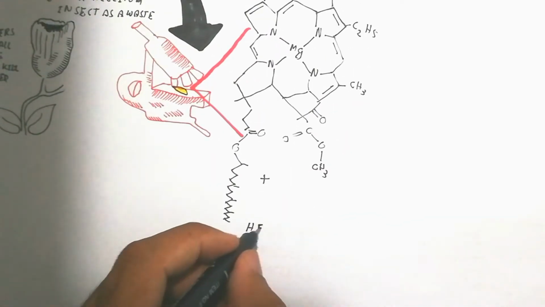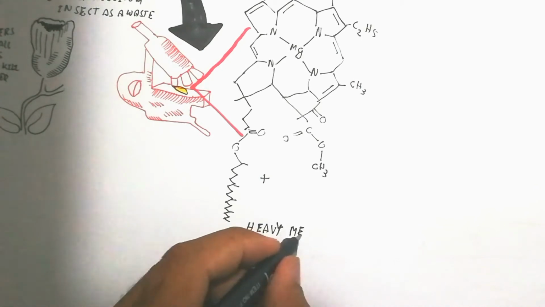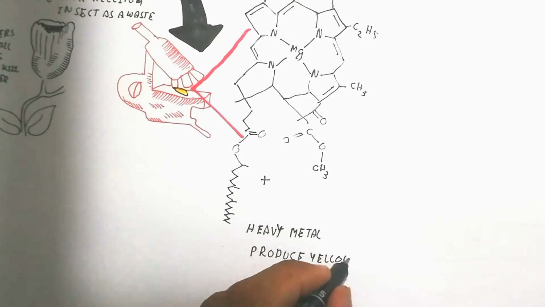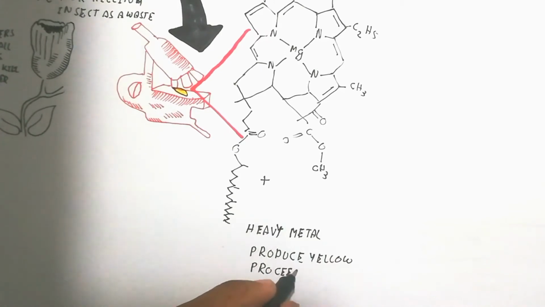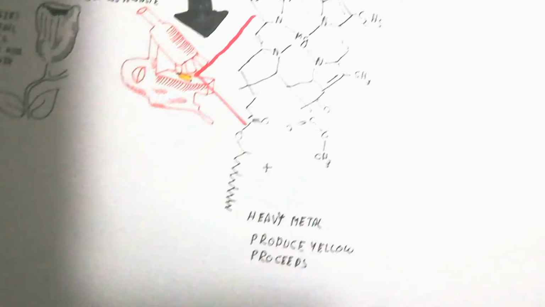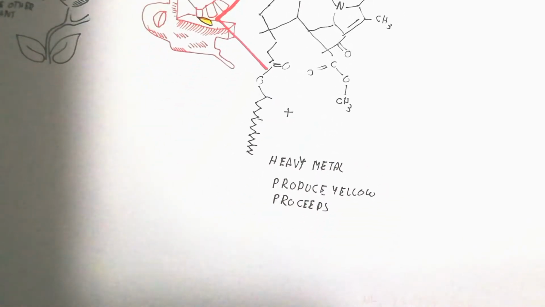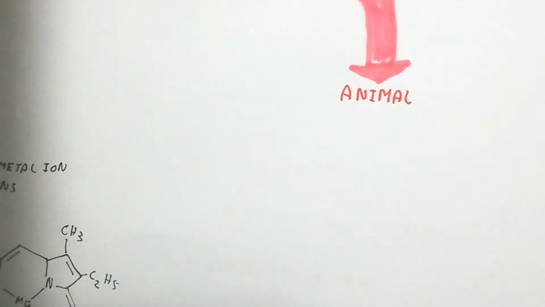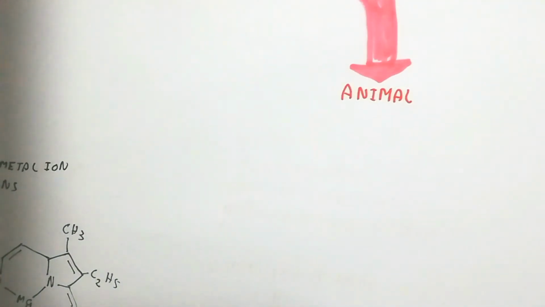Here I want to share another thing: microscopic studies show that heavy metal produces the yellow color, but chlorophyll is also present, not lost. The yellowish color is not due to loss of chlorophyll. The chlorophyll and magnesium ions are also present, so that's an important thing.